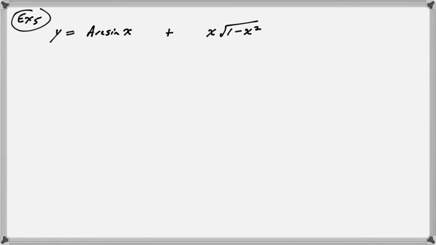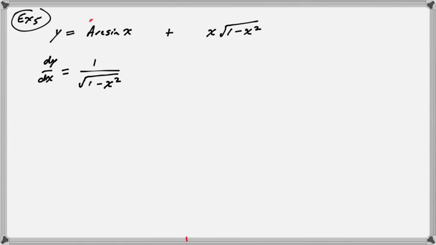Okay, here's example 5 in section 2.6. We're going to find the derivative. I left space over here because I noticed this was a product and needs a product rule. But I think we might now know the derivative of arcsine. The derivative of arcsine of u is u prime over radical 1 minus u squared.